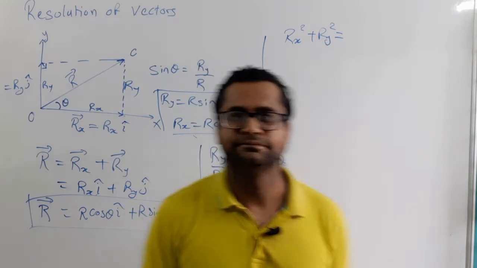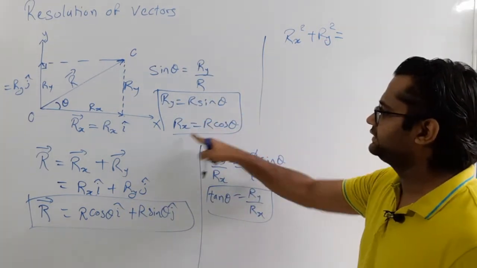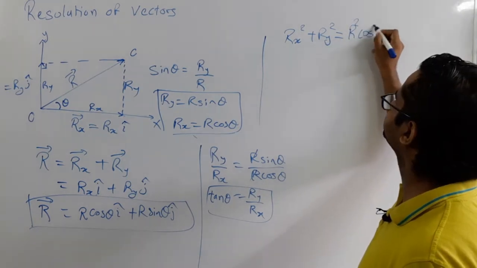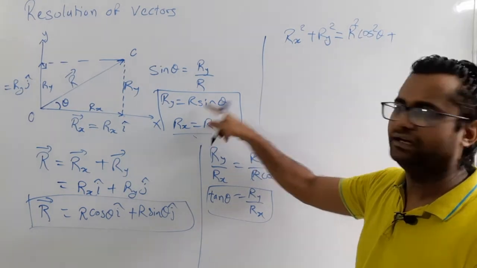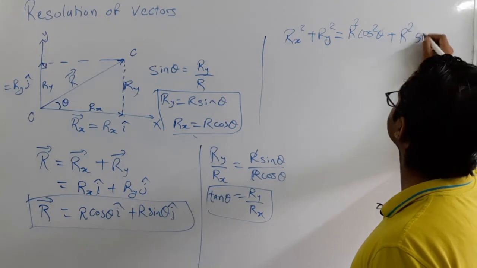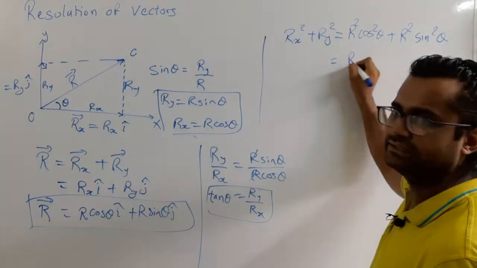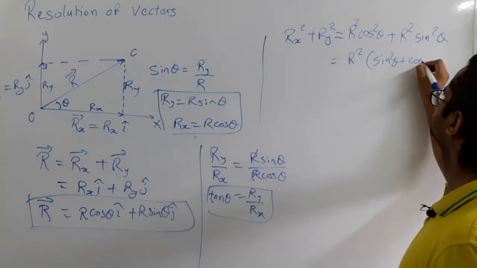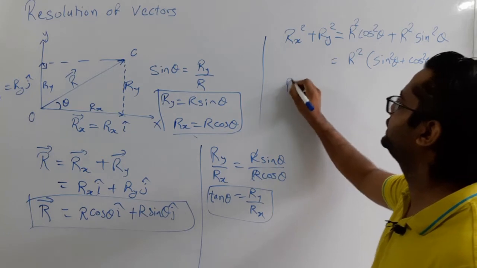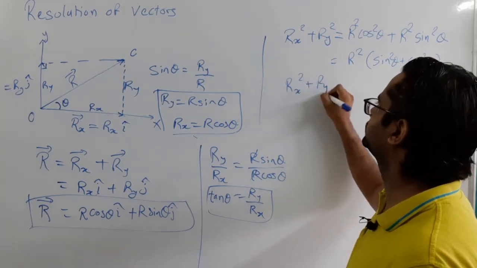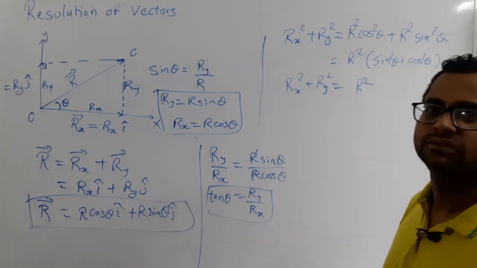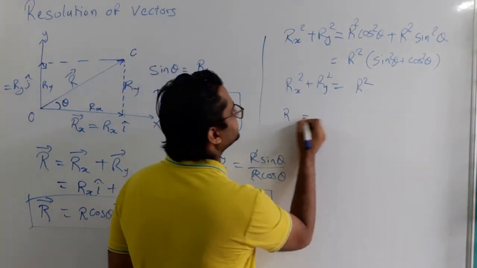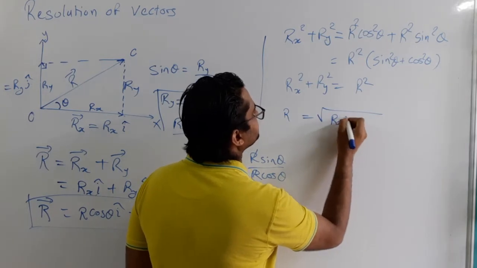Since rx is r cos theta, its square will be r square cos square theta, and ry square will be r square sin square theta. This r square is common, and sin square theta plus cos square theta is 1, so rx square plus ry square equals r square. We can write r as the square root of rx square plus ry square.